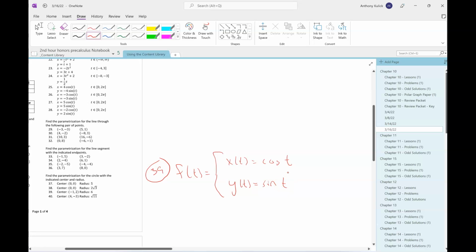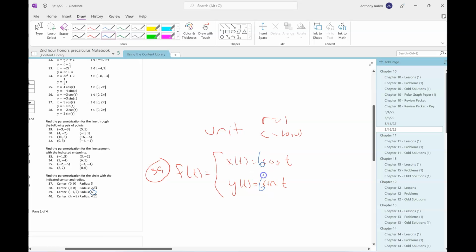So this was for a unit circle, right? So the radius was 1, and the center was at 0, 0. If I want the radius now to be 6, that maximum value for cosine is currently 1, right? Yep. If I multiply all the values of cosine, it'll stretch that maximum value out to be 6 now.